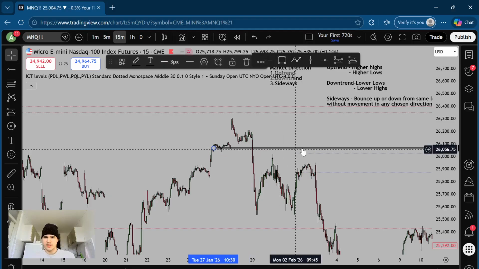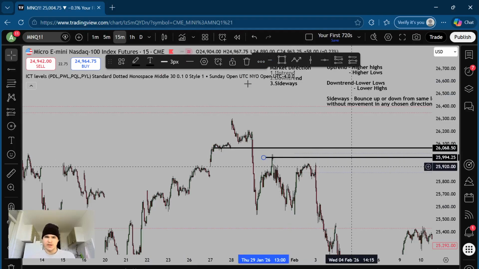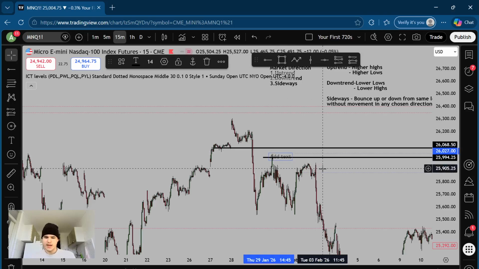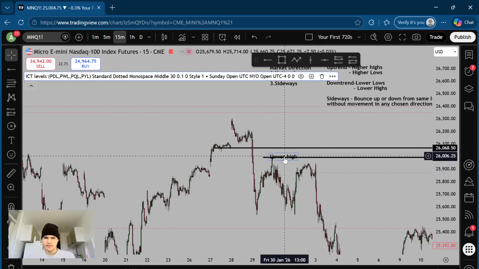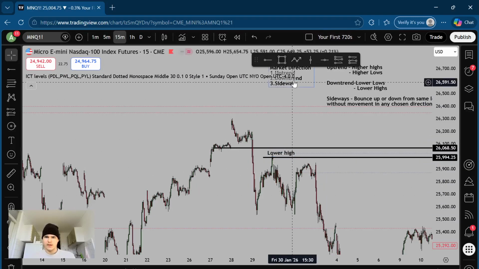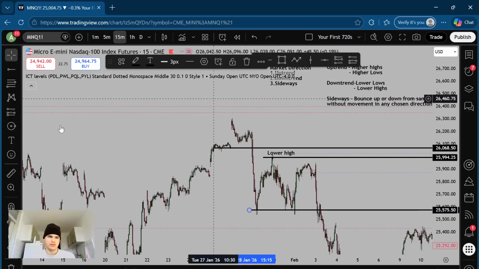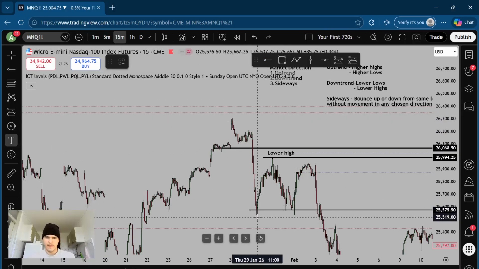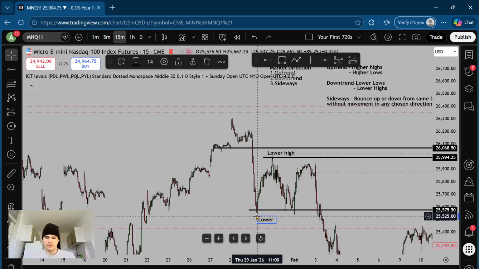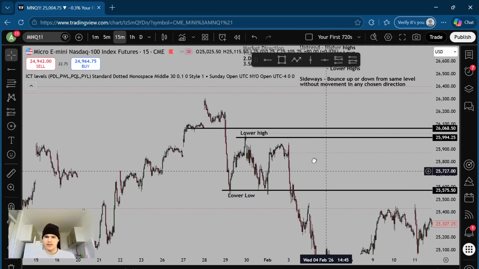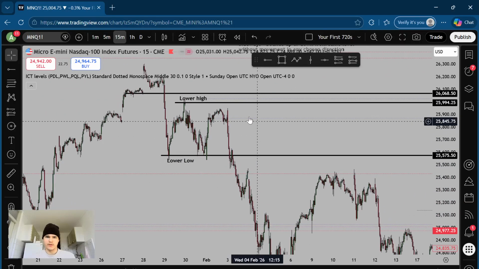So not only did we break this, but right here we have a what? A lower high. Lower high. And then what do we have here? A lower low. Lower low. Right? And then what essentially ends up happening for the rest of this chart?